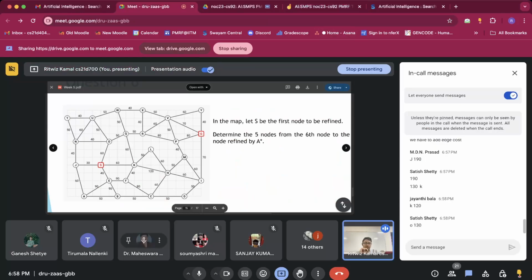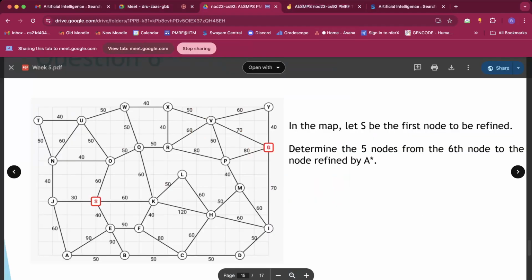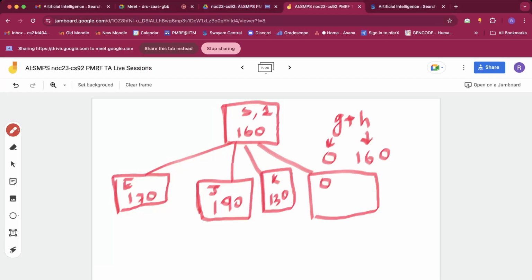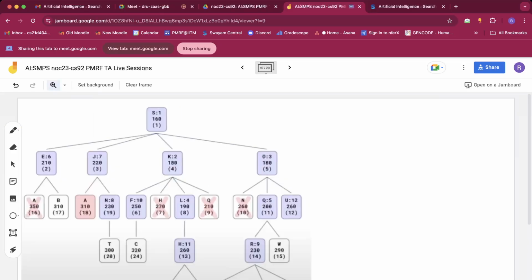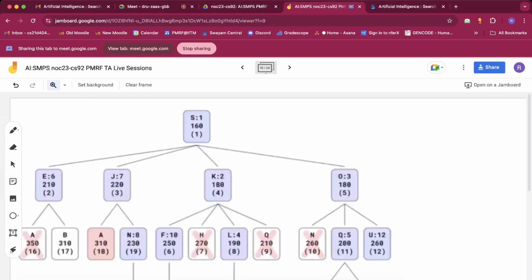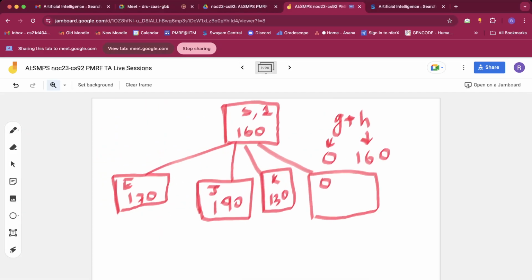Okay, we have conflicting answers for K. Let's verify it. So we actually have the tree constructed. I suppose you all were telling me just the heuristic value, not the total cost. So this would have been 170 plus 40, so 210.